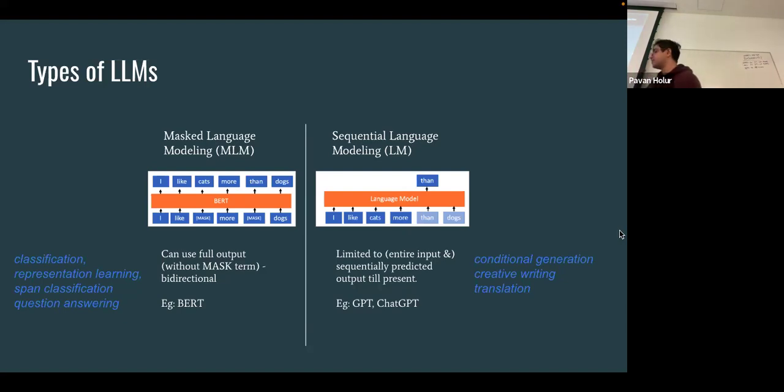So these tokens are generated one after another, and as soon as one token is generated, it is fed back into the input, and you generate the next token after that. So we call it auto-regressive. It regresses upon its own previous outputs.